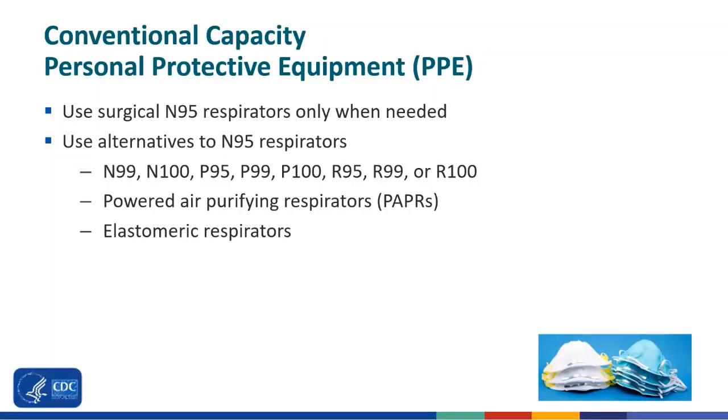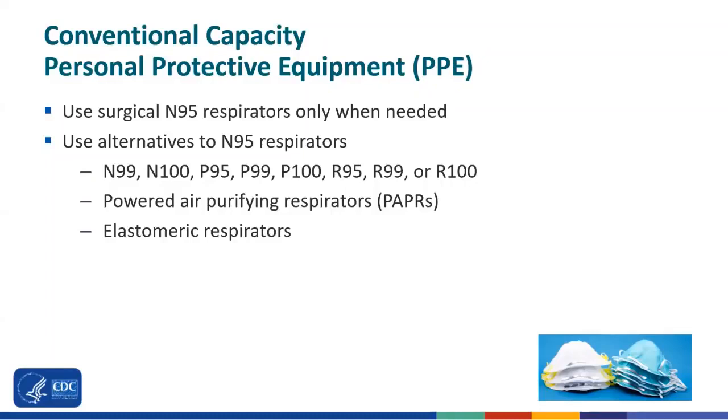So these are the respirators that provide equivalent or higher protection. There are many disposable filtering facepiece respirators that are at least as protective as the N95, including the N, P, and R series. Other alternatives include powered air purifying respirators and elastomeric respirators, which are the focus of this presentation.